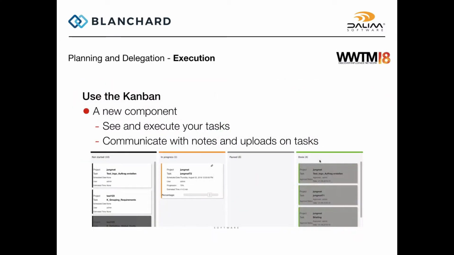And then you'll have a Kanban as well to actually see what tasks you have to accomplish and then move those along in progress, pausing them, finishing them. So giving us the normal tools that people are already used to working in, like Kanban and Gantt charts, and they put that into ES.